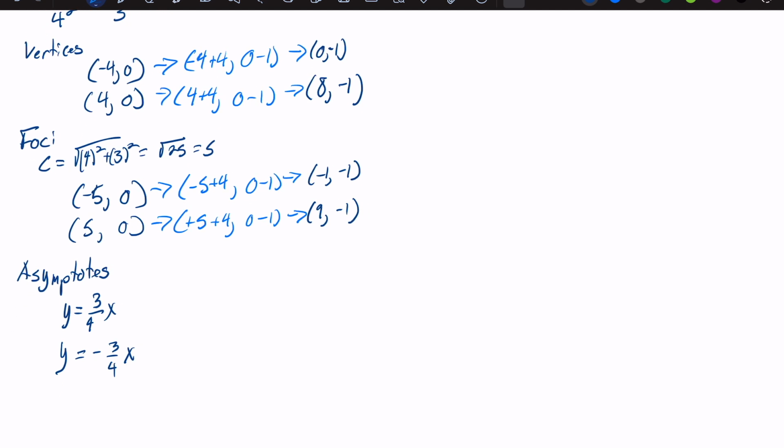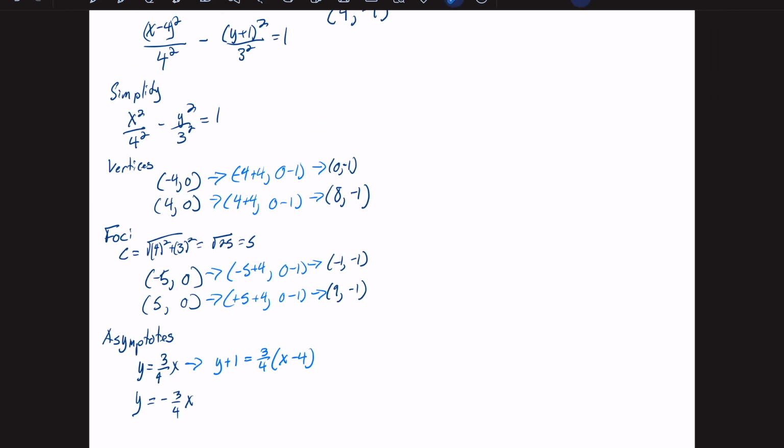And our asymptotes are a little bit different. Let me show you how to do this carefully. Here, we're just going to swap out y for y minus k, and x for x minus h. So here would be y plus 1 equals 3/4, and then we'll switch out x minus 4.